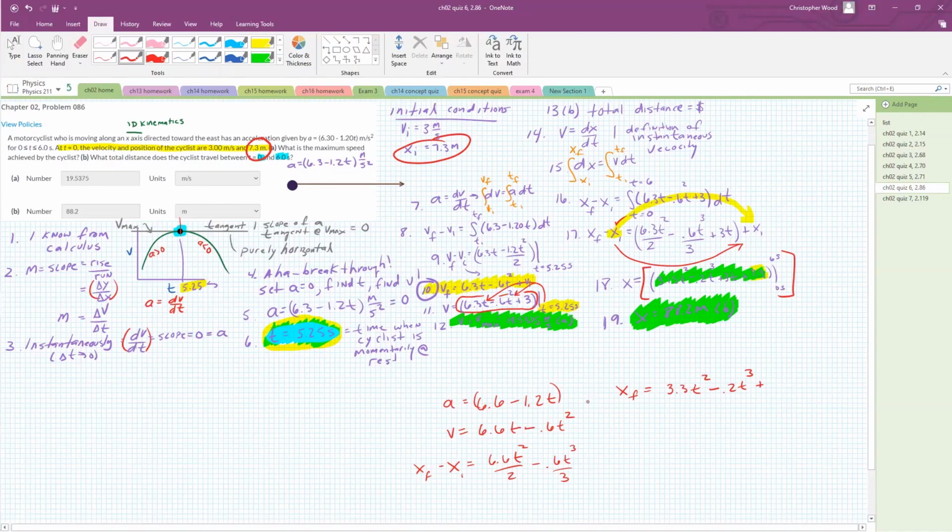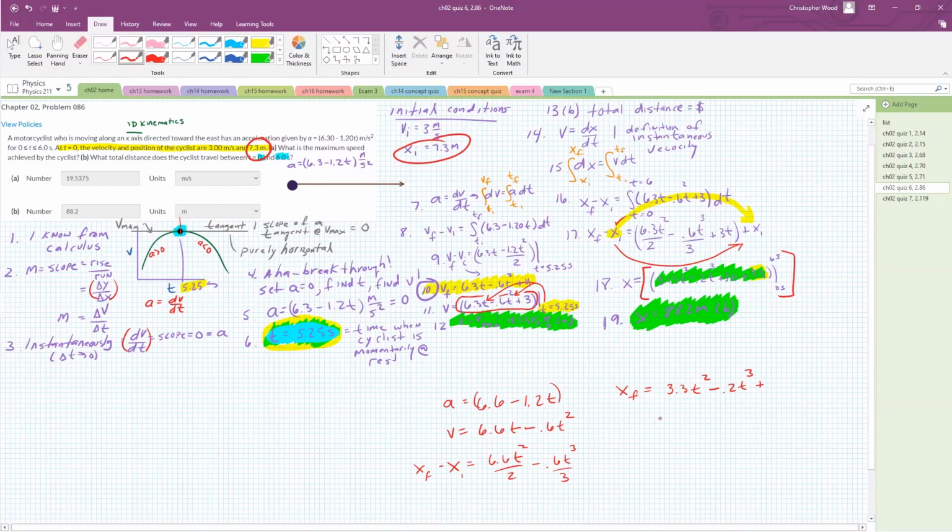Was it the starting velocity? There's my squared term, there's my cubic, where's my linear term? That's interesting. It should be 2.8t. Yeah, that's what I did. It still gave me wrong. Okay, interesting.